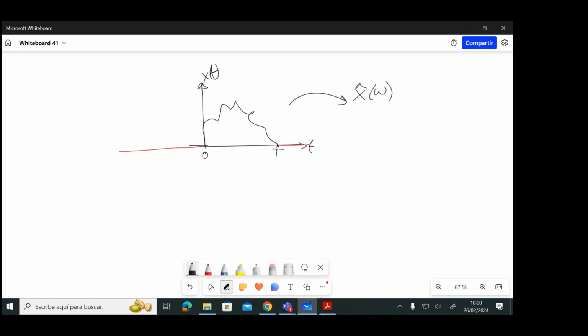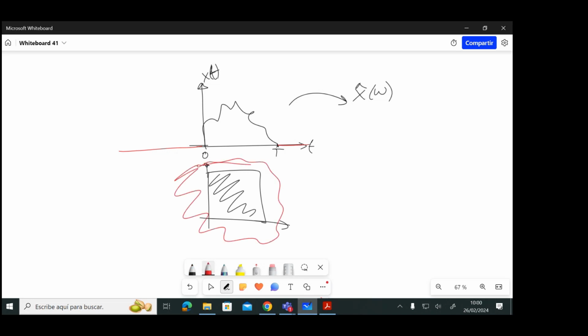When you have an image, you are doing the same. So you have an image. Say that this is your axis. This is where your image is. Outside, you're assuming it is 0. Then you can compute your image Fourier transform. And now it is a vector.